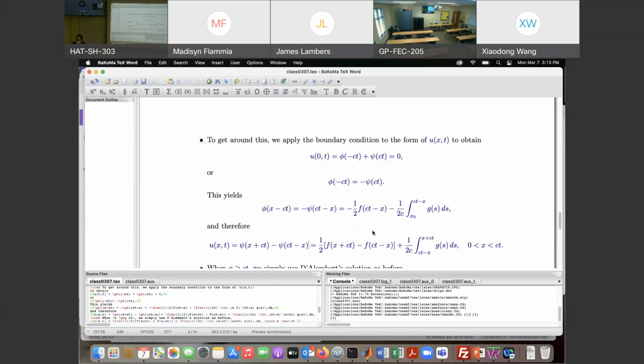There are 3 of them. Well, 2 of the differences are, wherever you had x minus ct in the previous formula, you now have ct minus x. And the other difference is, here we had a plus before, now we have a minus.